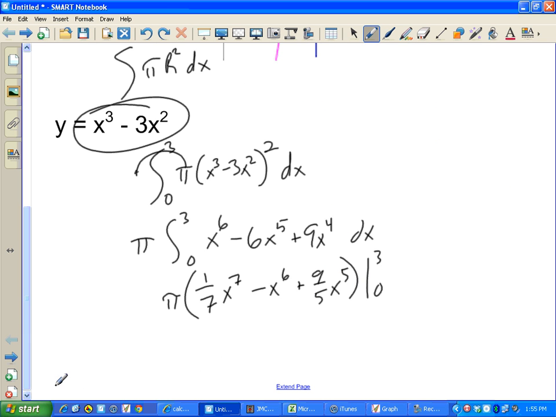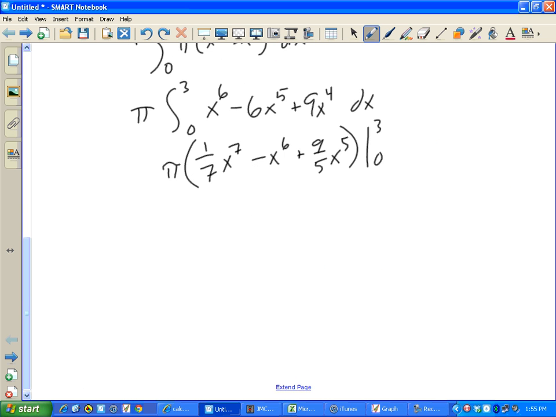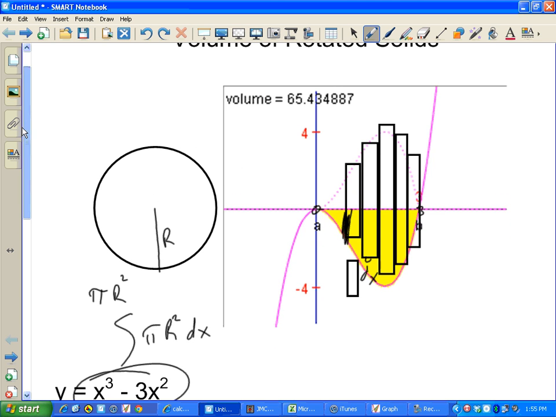So the basic formula for the disk method works whenever there's no gap.